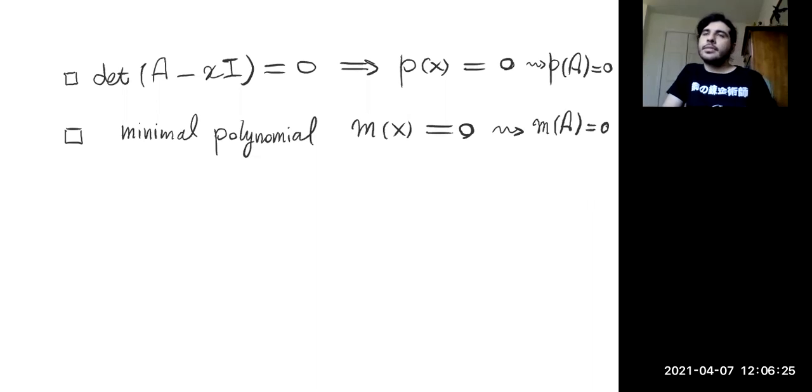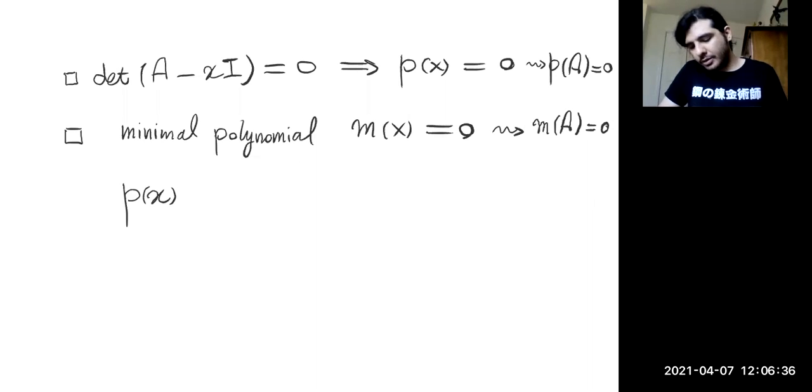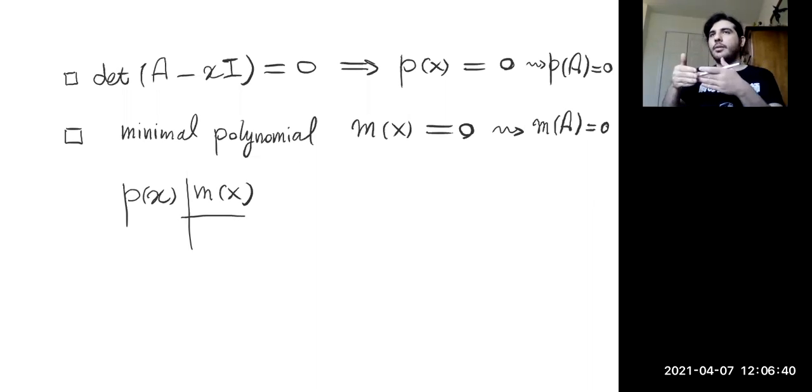Okay, great. Now, you know we can divide one polynomial by another polynomial, just like we divide a number by another number.